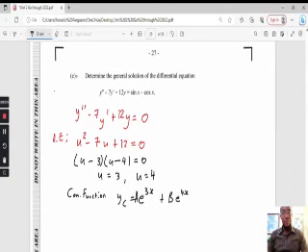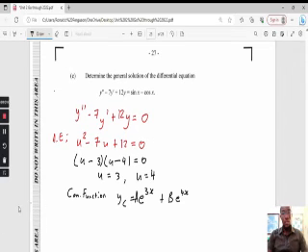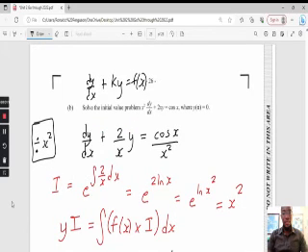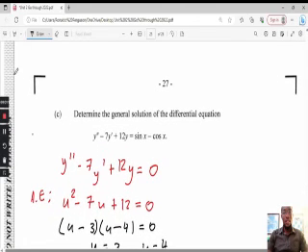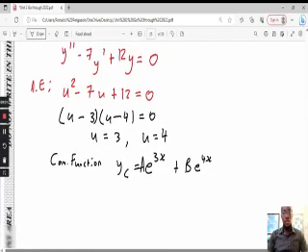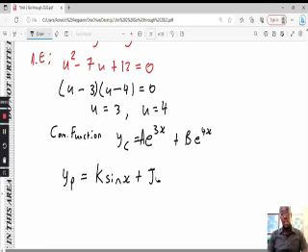And we need to find our particular solution. To find a particular solution, you have to look at the form that it's in. The form that it's in is sine x plus cos x. So for the particular solution, yp is equal to, using different constants now, k sine x plus j cos x.